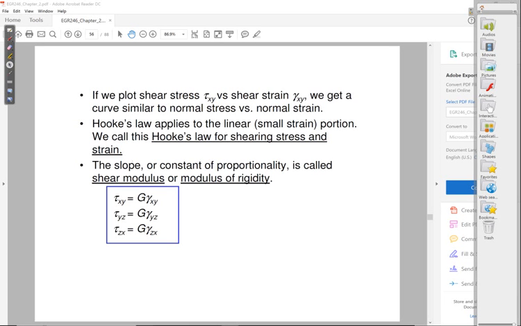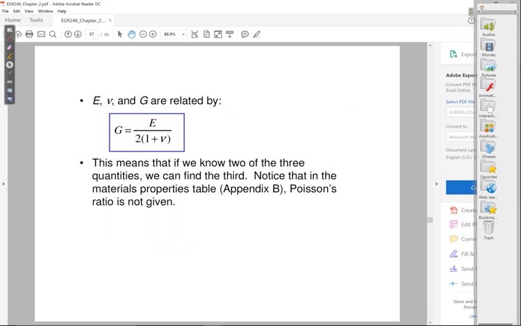So now let's get to why Poisson's ratio a lot of times is not given in your material properties tables. This is beyond the scope of this course, but it can be proven in more advanced mechanics and materials courses that E, nu, and G are related by this equation here. Your shear modulus is equal to your Young's modulus divided by the whole quantity, 2 times 1 plus Poisson's ratio.